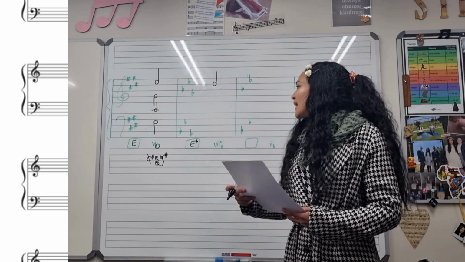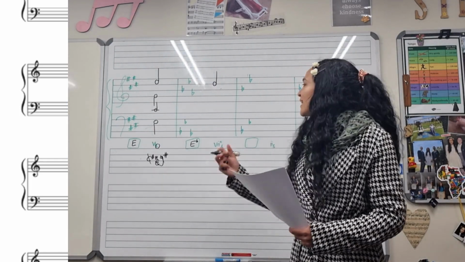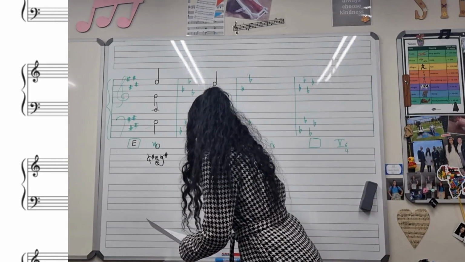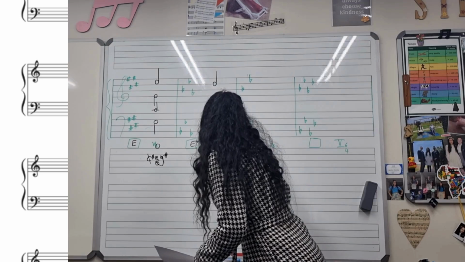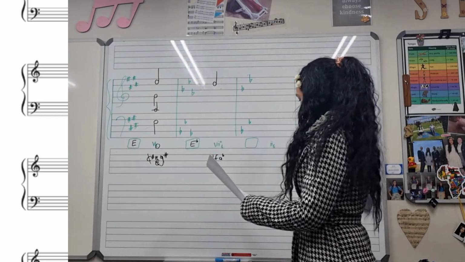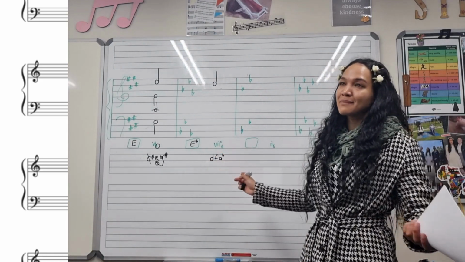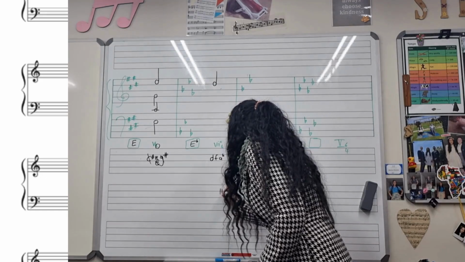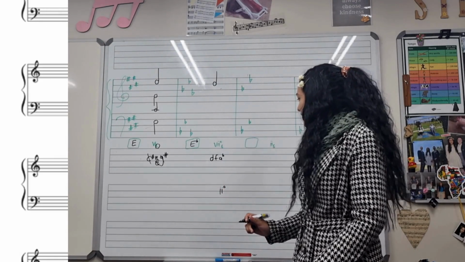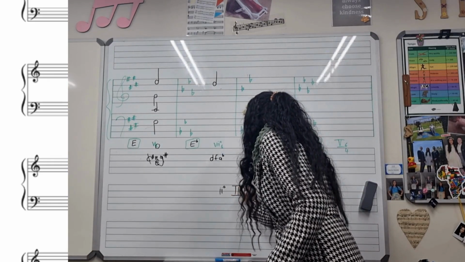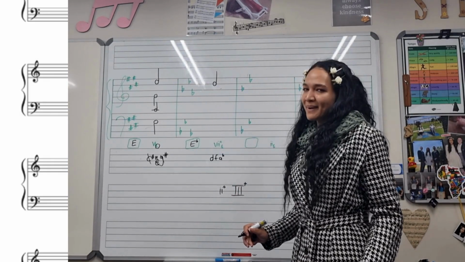Then I'm going to write down my chord notes. So what do we have? We have D, F, and A flat. Now, what do we know about special chords? Special chords being our augmented and diminished chords. Of course, we have a diminished chord like this in minor keys. We also have an augmented chord like this in minor keys.